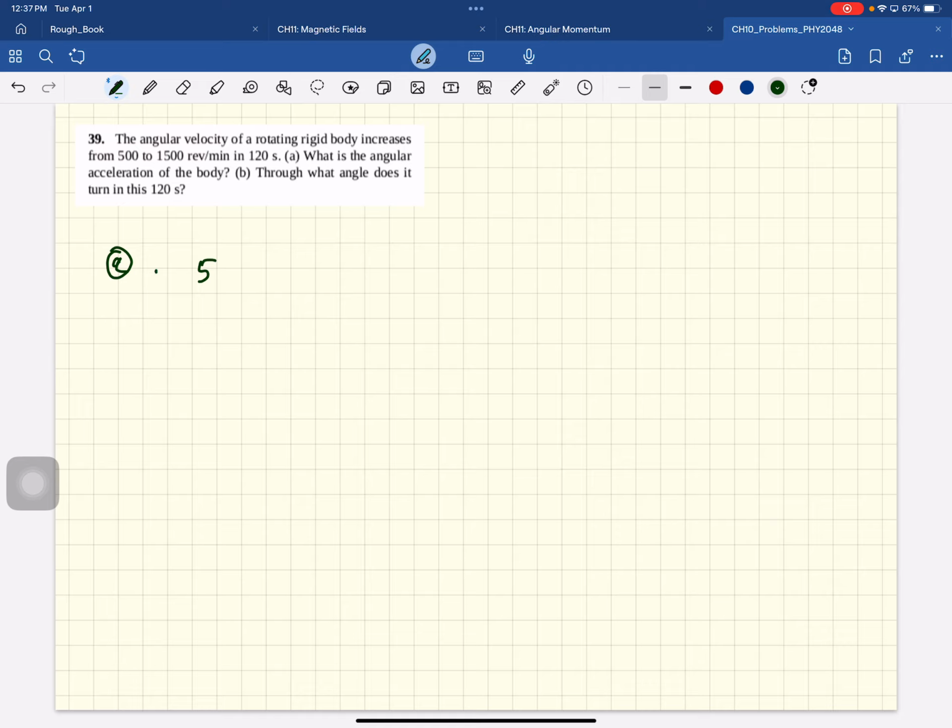So omega initial is 500 revolutions per minute, and so this is 500 revolutions divided by 60 seconds.